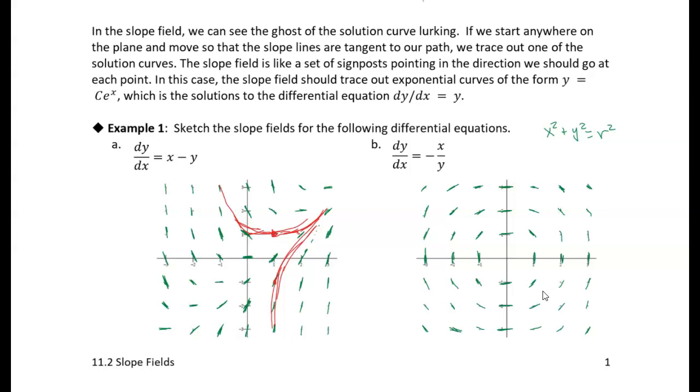Okay, so you can kind of see a ghost of a circle, or many concentric circles, in that slope field. And that's why slope fields are important: they can help you get a visual of what the solution is going to look like.